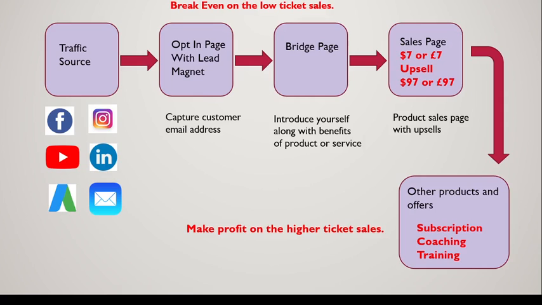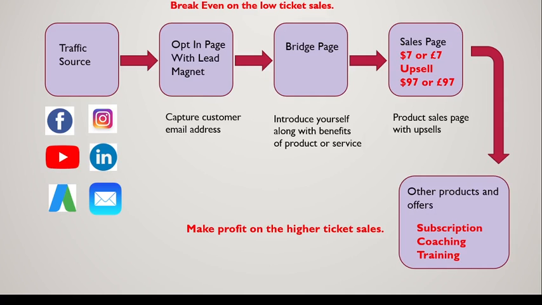This is where you make the profit at the back end. The $7 or £7 pays for your advertising fee, with a bit of an upsell of $97 or £97. All good profit. Once they're in your sales funnel, you can push them up the value ladder: subscription services, coaching, training, Facebook coaching, one-on-one coaching at a higher cost, masterminds at a higher profit.